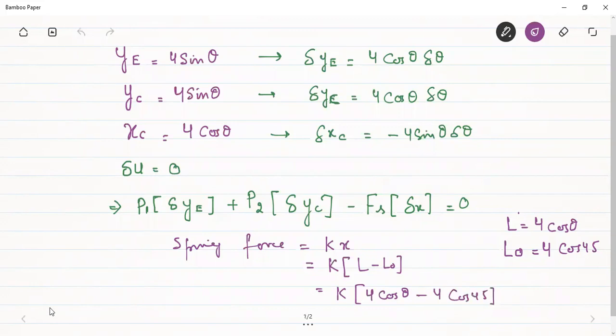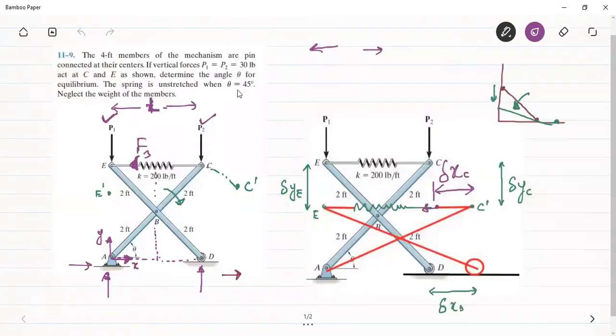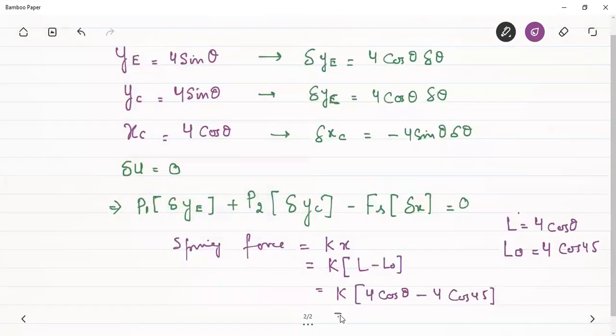And K is equal to 200. Therefore, the spring force will be 800 cos theta minus 800 cos 45. So this will be our spring force.